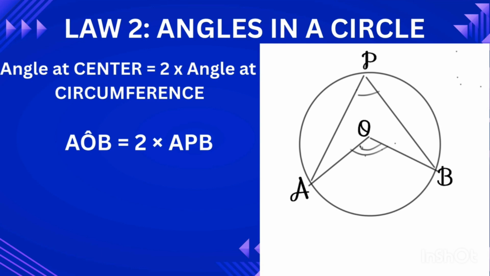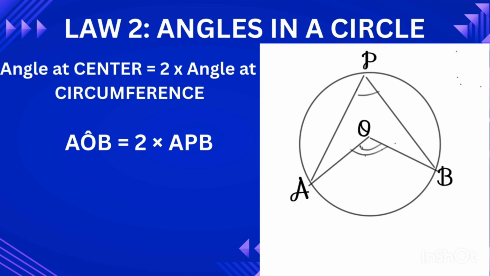Law 2, angle at center. So you can see the diagram, my circle, arc AB, angle AOB at center, and angle APB at circumference. So law 2 states that the angle that an arc makes at the center is twice the angle it makes at any point on the circumference.